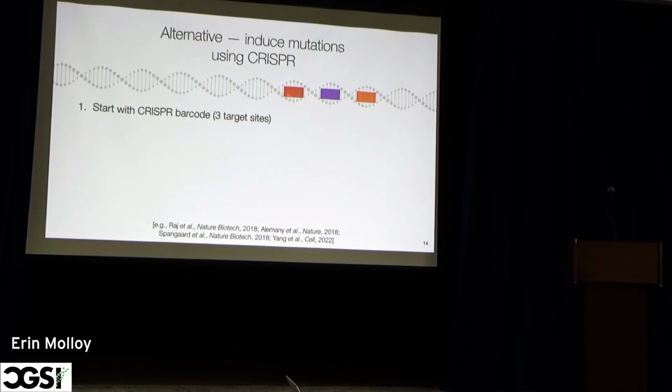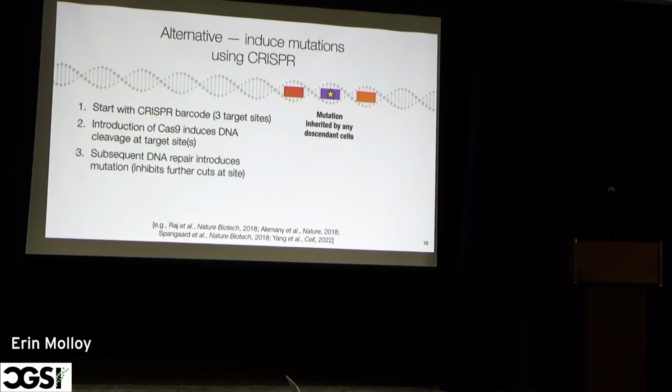So here we have a barcode of 3 target sites. The introduction of the Cas9 enzyme is going to basically induce DNA cleavage at a target site. When the DNA repairs itself, it can introduce a mutation, and this mutation can get inherited by the daughter cells, and it's also going to prevent further cleavages at that site.